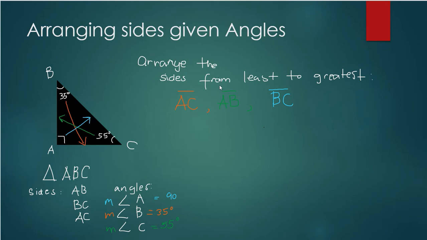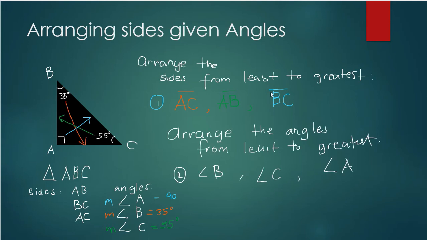So this is how we arrange the sides from least to greatest. AC is the lowest value because it is opposite to our lowest value angle. AB is next to that, and then BC is our longest side. Sometimes they would not specifically say least to greatest. Sometimes they would ask you to arrange in ascending or descending order.